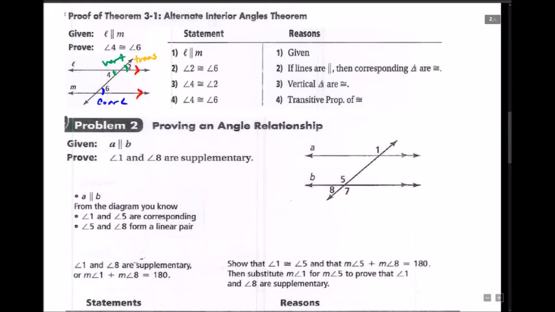We are given that our lines are parallel, and they're cut by this transversal. So we've met our requirements. We can say that angle 2 is congruent to angle 6. That's our corresponding angles postulate. You can write it out, or you can just use its name. I like using its name.